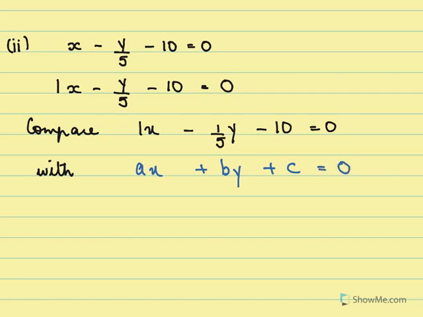And on comparing we see that A must be equal to 1, then the B must be equal to minus 1 by 5 and the C would be equal to minus 10.